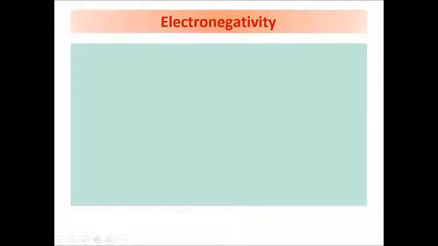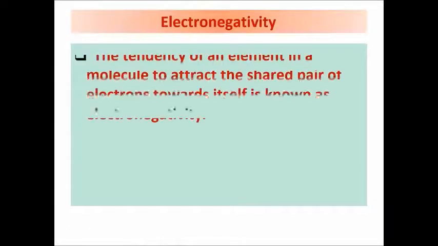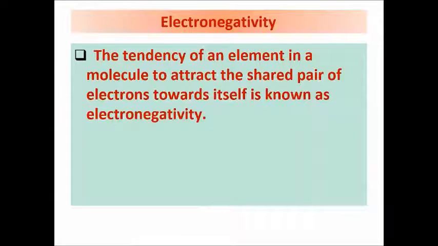The next periodic trend is electronegativity. How can we define electronegativity? It is the tendency of an element in a molecule to attract the shared pair of electrons towards itself. So in a molecule, the element has a tendency to attract a shared pair of electrons, and this is termed electronegativity.